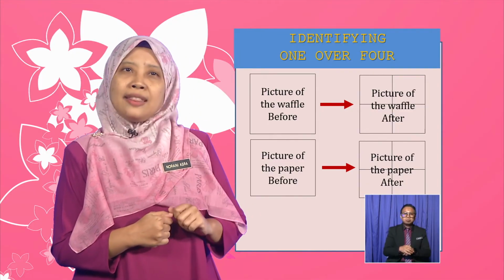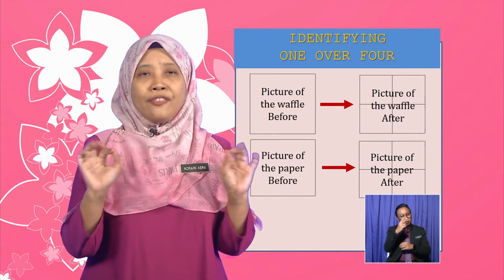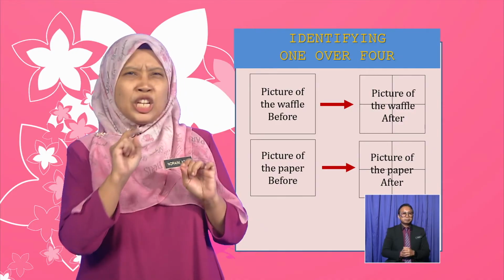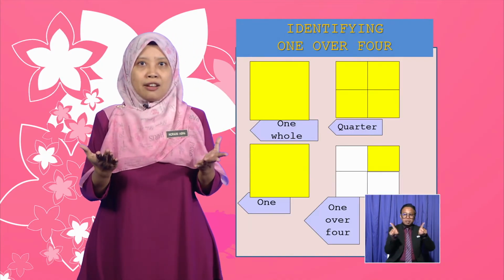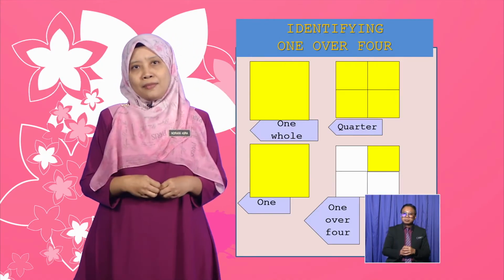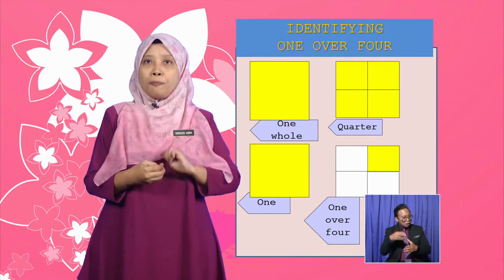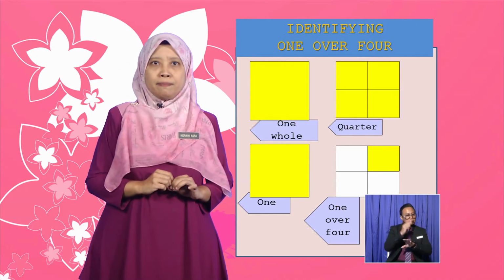Take a look at this slide. Pay attention to every single detail of it. Do you see the answer? Can you see the similarities? A waffle that is cut into 4 pieces equally is known as a quarter.